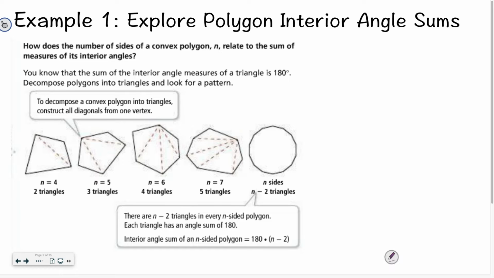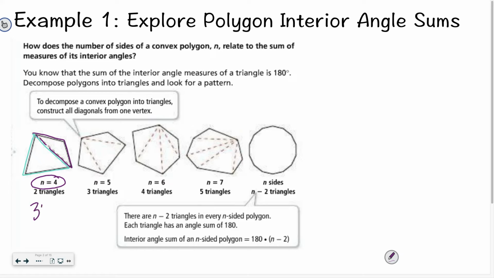So if I have a quadrilateral, so something with 4 sides, I can break that 4-sided figure up into 2 different triangles. And if I know that a triangle has 180 degrees in it, if a quadrilateral has 2 triangles, I would do 180 times 2, right?